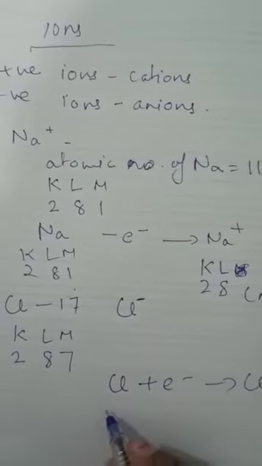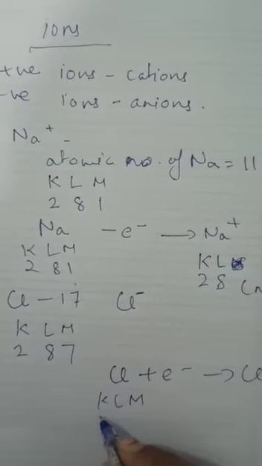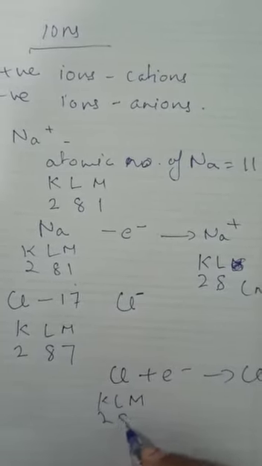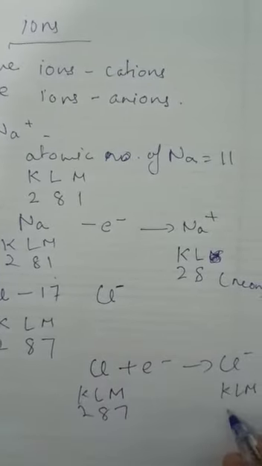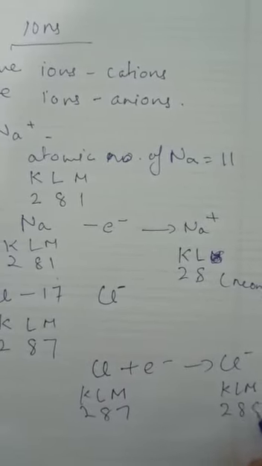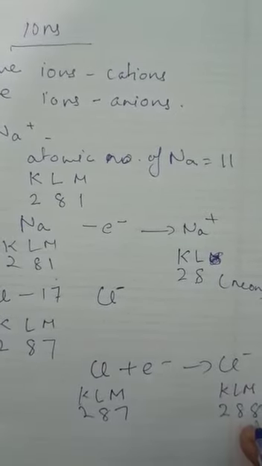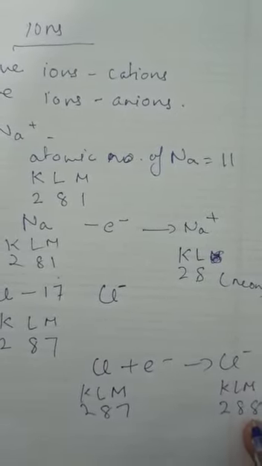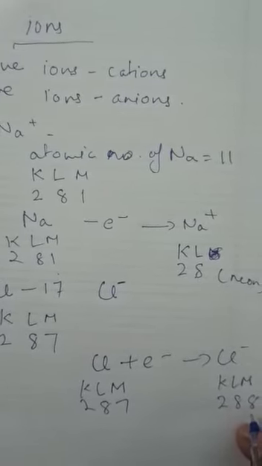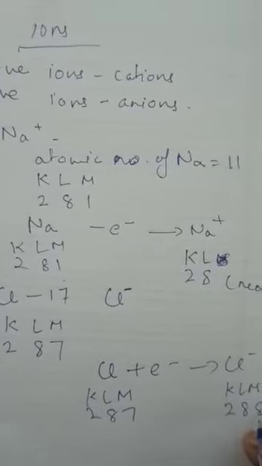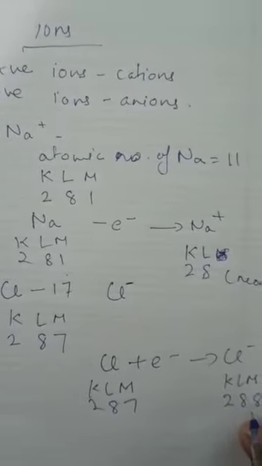The electronic configuration of the atom is 2, 8, 7, and for the ion the electronic configuration will be 2, 8, 8. After gaining one electron, we get this configuration. This is how an anion is formed by gaining electrons.